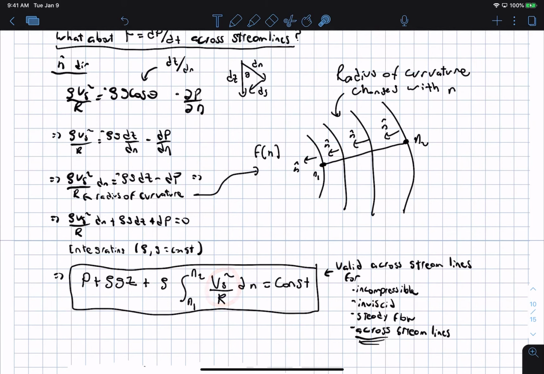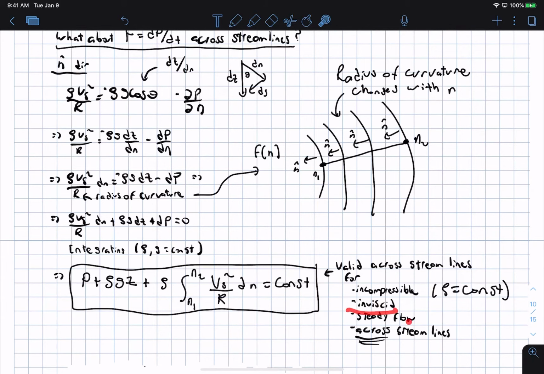The velocity on the streamlines can also change as a function of the direction normal to the streamline. Okay, so we just integrated this between n1 and n2 for the entire equation, and so this is just equal to some constant. Here you actually have to do an integral every time. And this is valid across streamlines for incompressible flow, and that means rho equals constant.